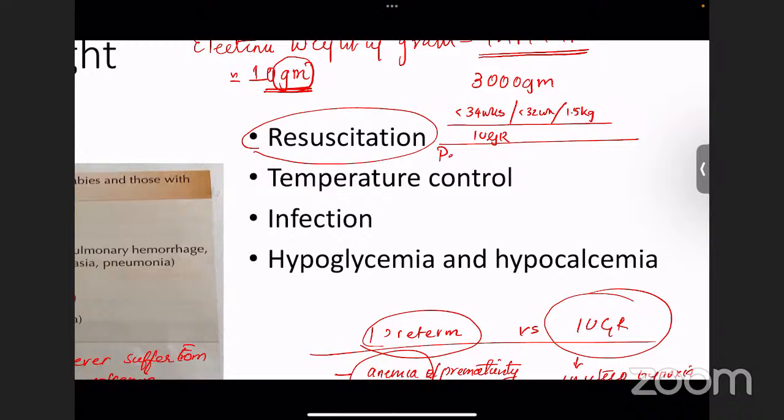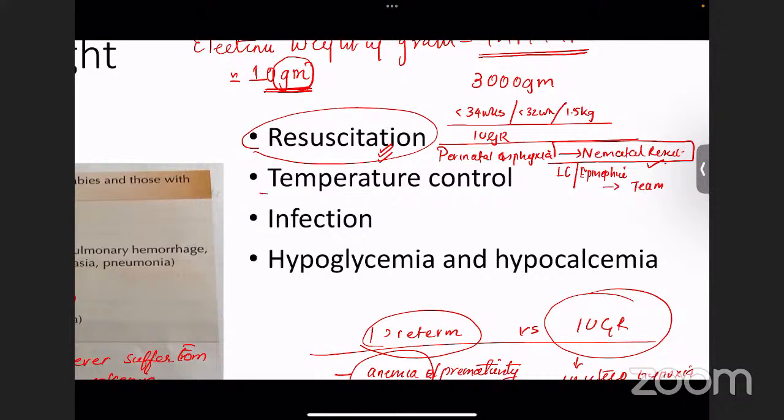So they require neonatal resuscitation. As we discussed in the previous class in vast detail about neonatal resuscitation, these babies are more likely to go till chest compression and epinephrine. So they need an extensive neonatal resuscitation, and a team must be ready for doing the same.